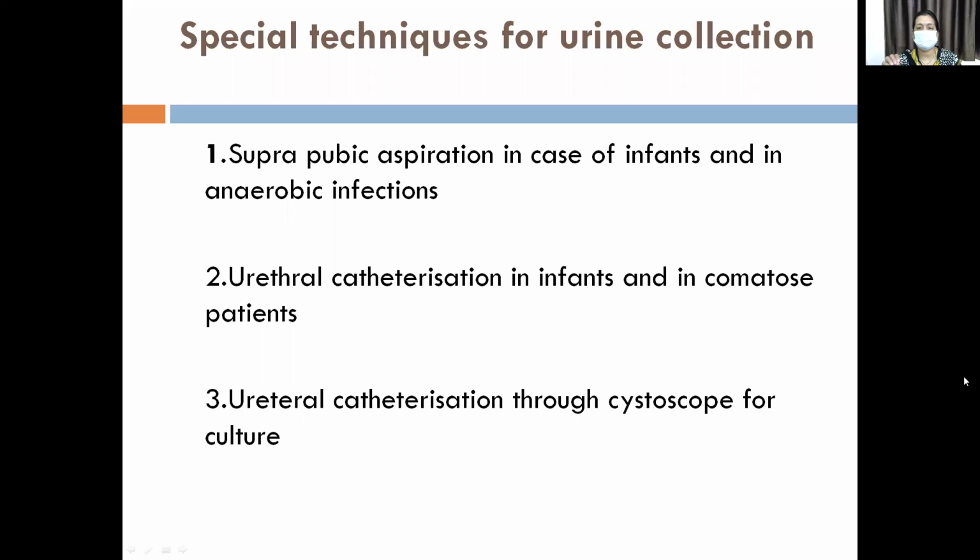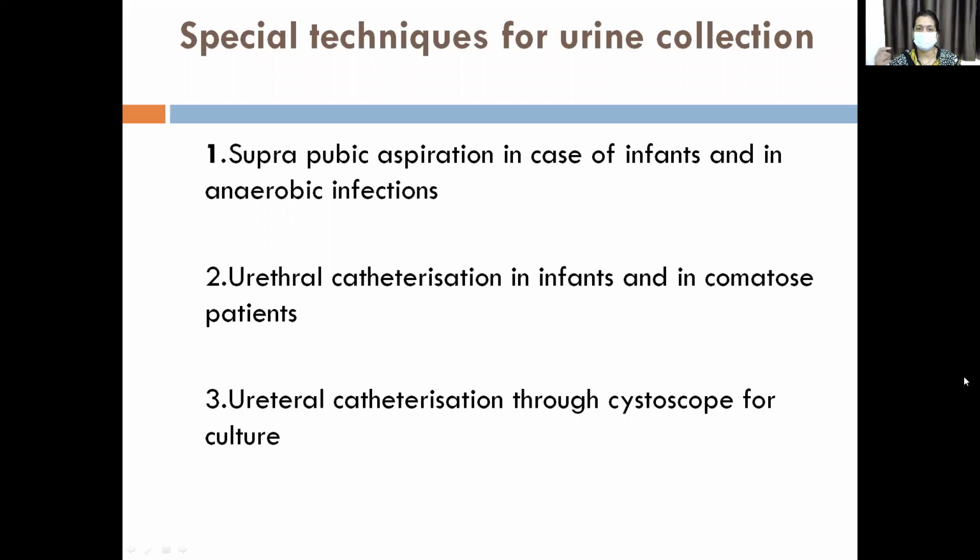They asked me how to collect infant urine. The textbooks say it is suprapubic aspiration, but I don't think any parent will agree to putting a needle in a little one, right?